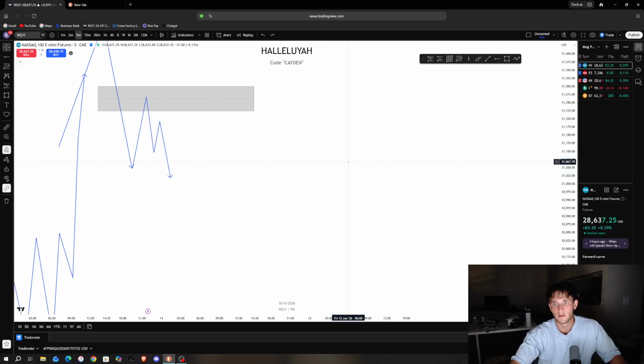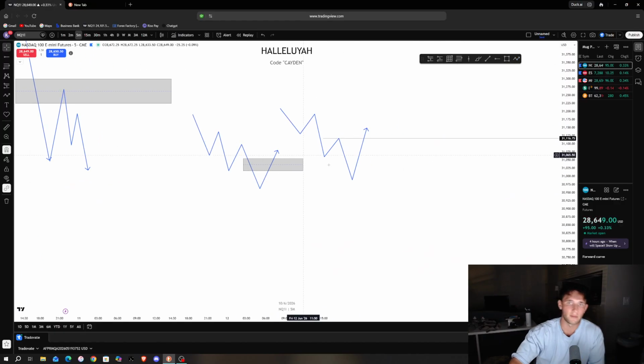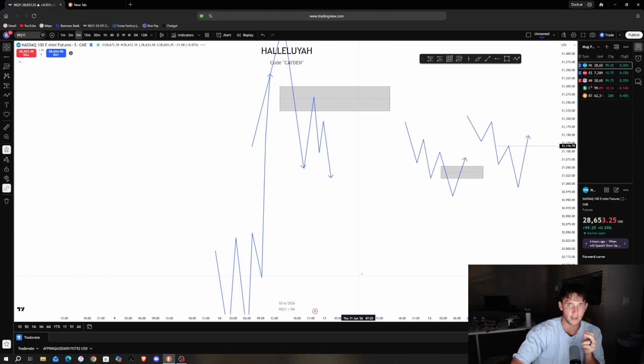Or vice versa, price is moving down, IFVG, or price is moving down, break of structure. Okay, these are my 2 entry models right here, IFVGs and break of structures. That's it. That's all I use to enter trades. I have to have one or the other to enter a trade and be confident in it.